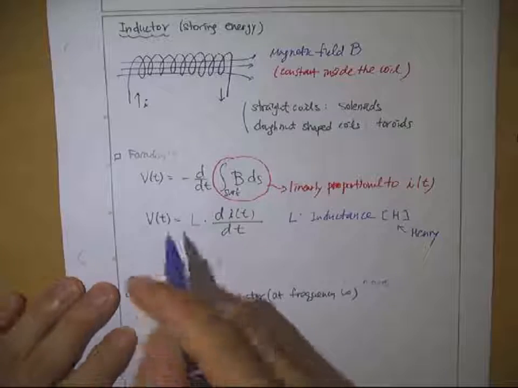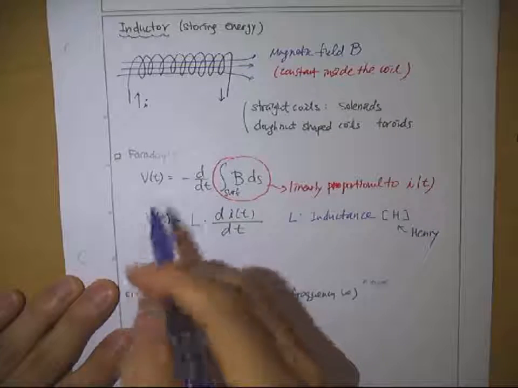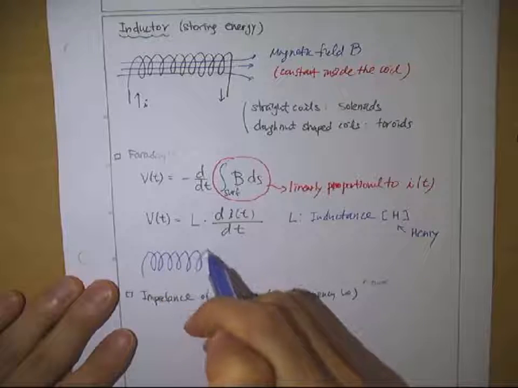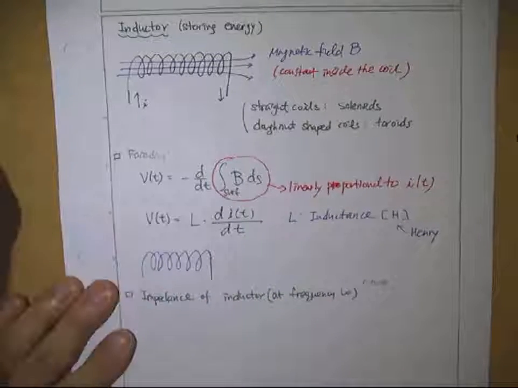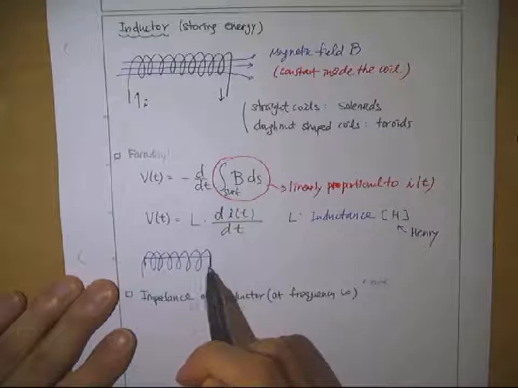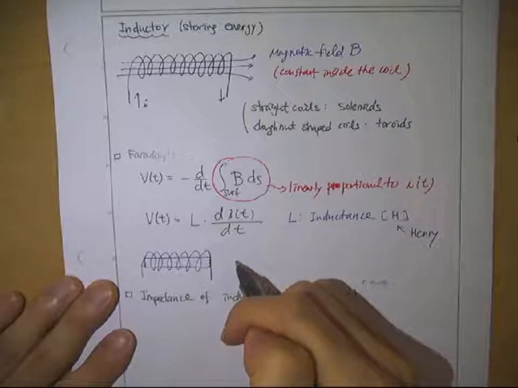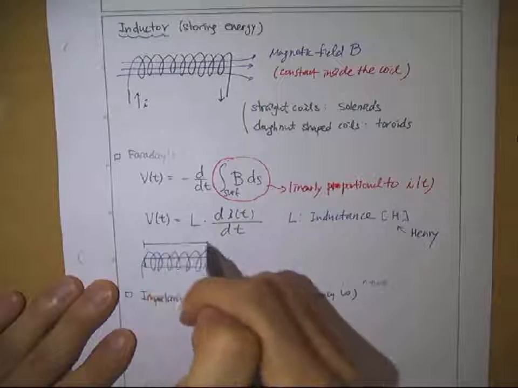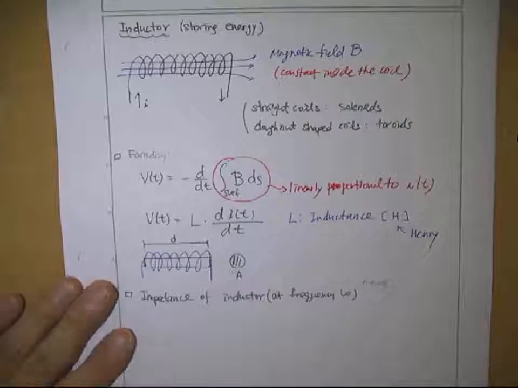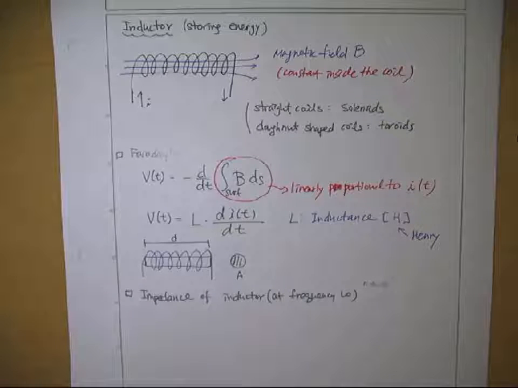So let's say that you have some conductor inside the solenoid that has the length of d and area of A, and you have the coil turning.